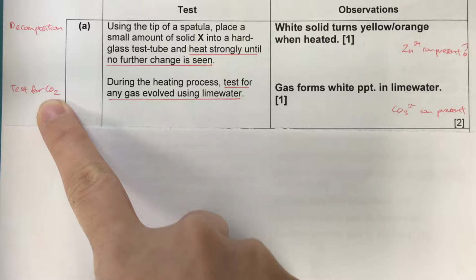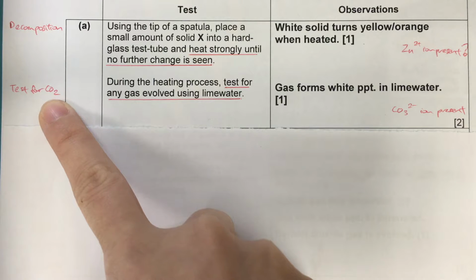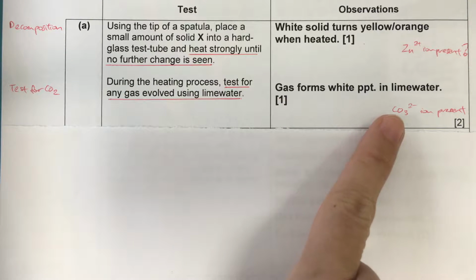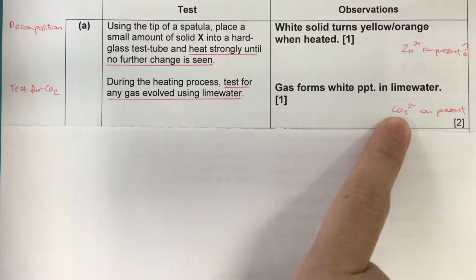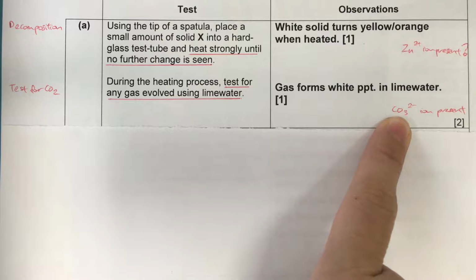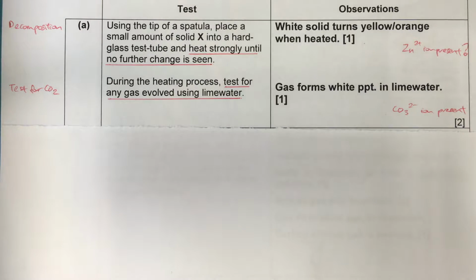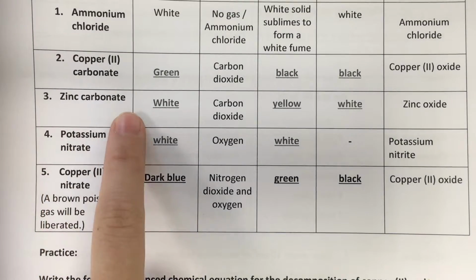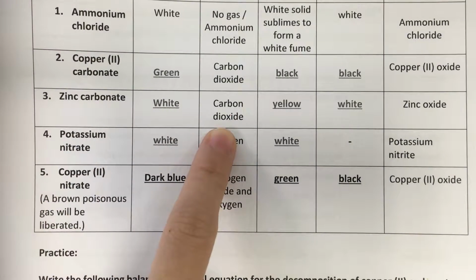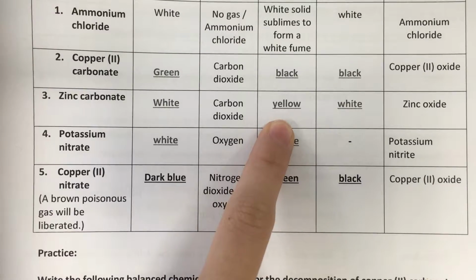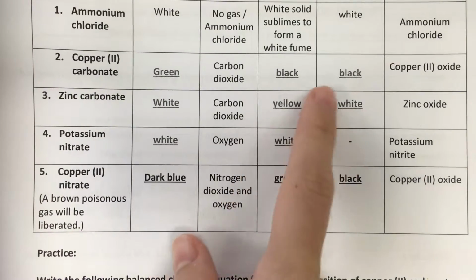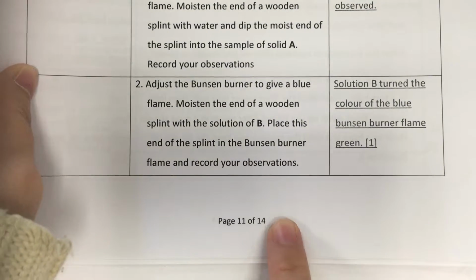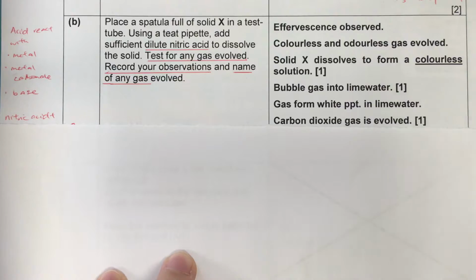Okay, so carbon dioxide gas will give you your white precipitate, which means that during the decomposition, in this solid X itself, there is carbonate ion. If you are unsure about the decomposition, refer to your notes. This is an example, zinc carbonate, all the observations, and this is page 11 of your notes.